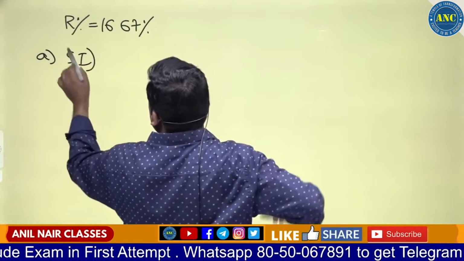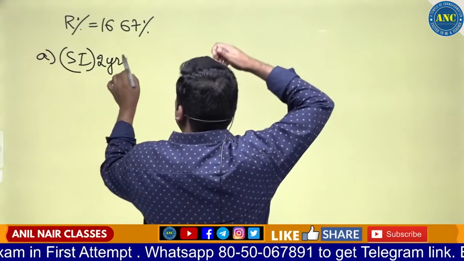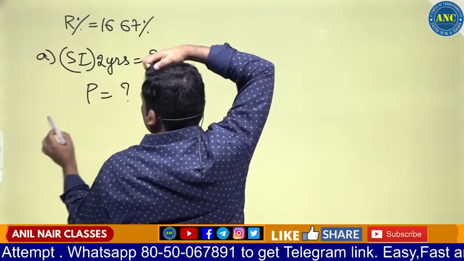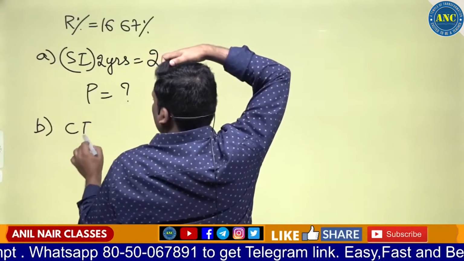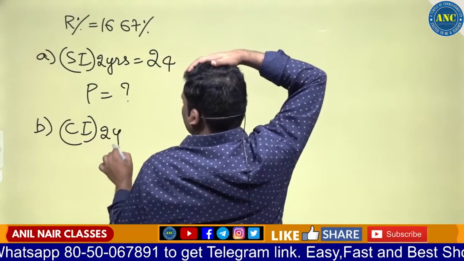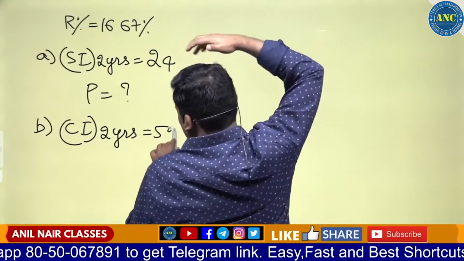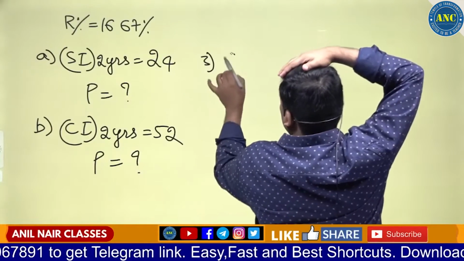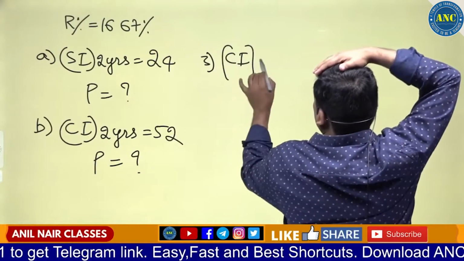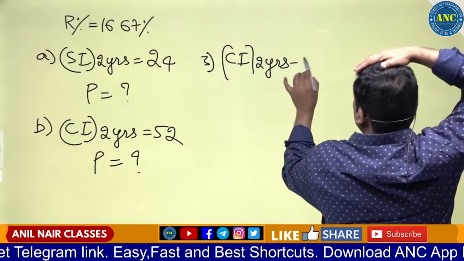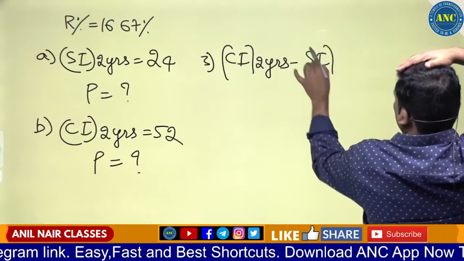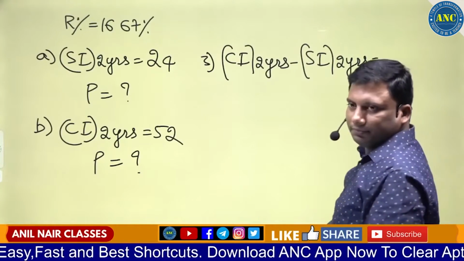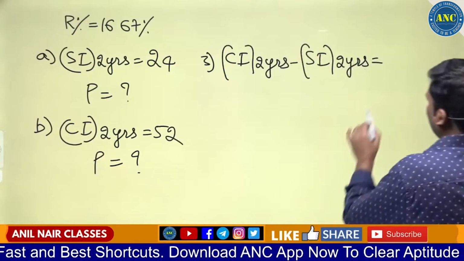SI for 2 years, it is 24. Find P value. CI for 2 years, it is 52. Find P value. CI for 2 years minus SI for 2 years, 8.